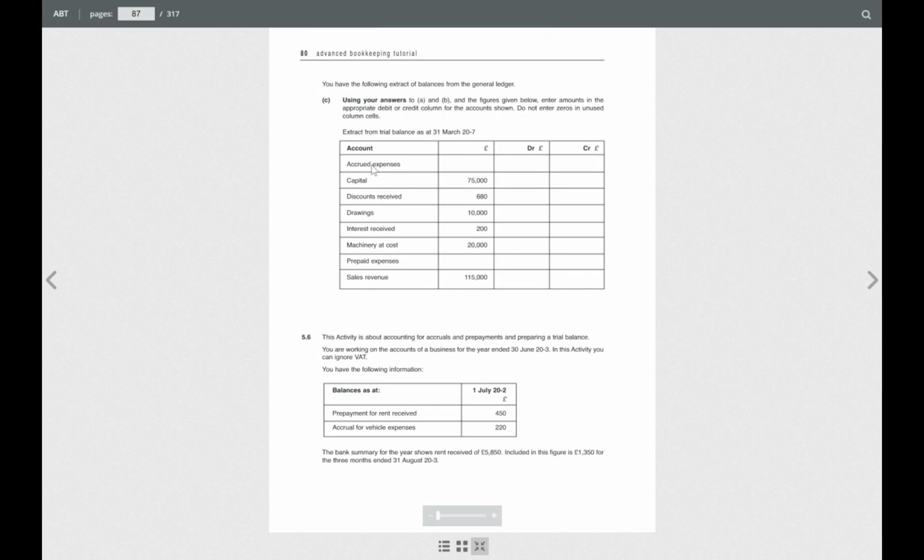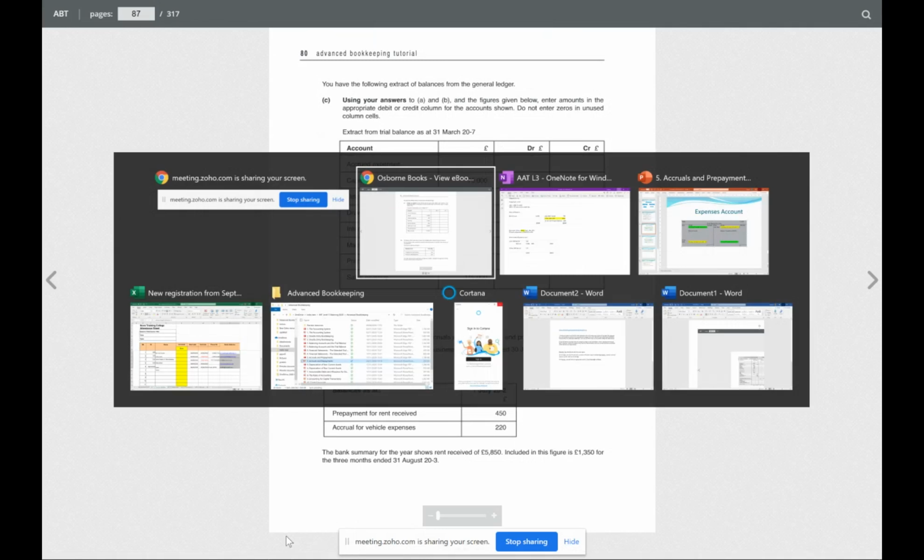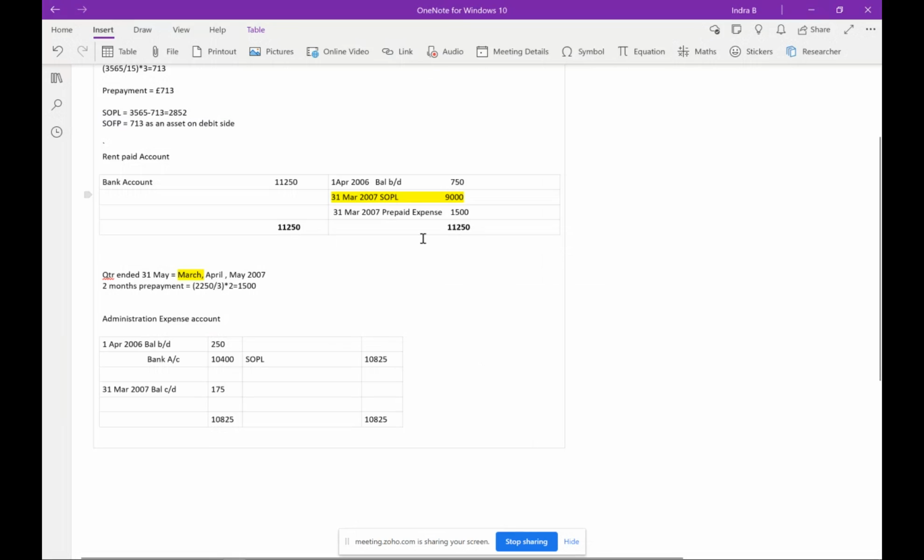So yeah, we calculated accrued expense. From our calculation, here we calculated accrued expense. What is accrued expense? This was prepaid expense and this was accrued expense at the end, 175.